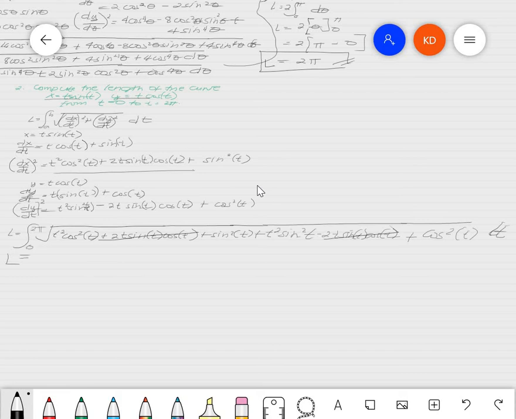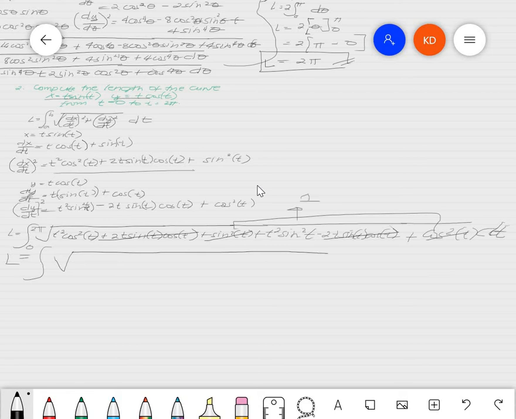So this is equal to L, which is equal to the integration of the square root. So this we can simplify. Of course, sine squared t and cosine squared t is equal to 1.